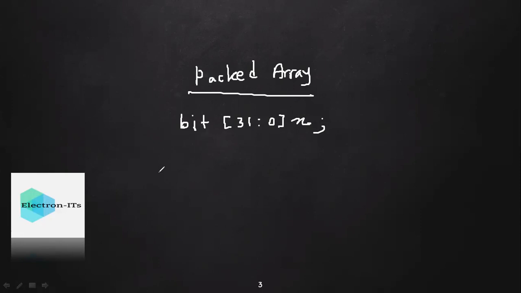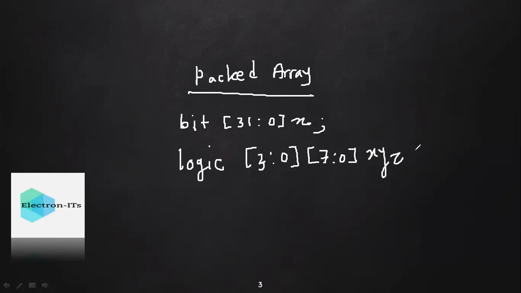We can declare the same thing by using the logic data type. So logic, 3 to 0, and 7 to 0, xyz. This initializes a packed 32-bit vector with 4 8-bit subfields.